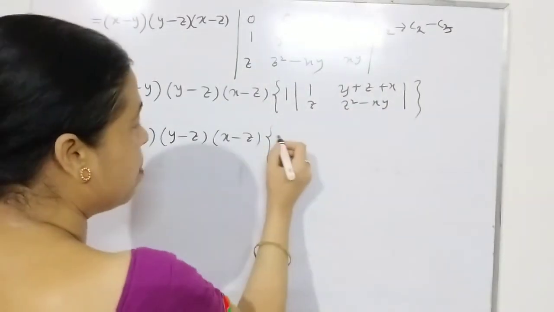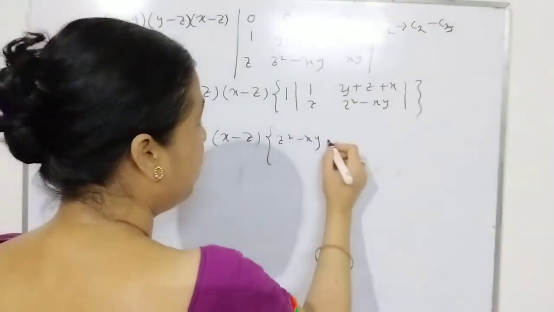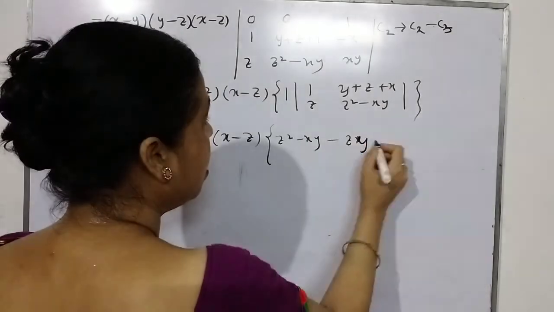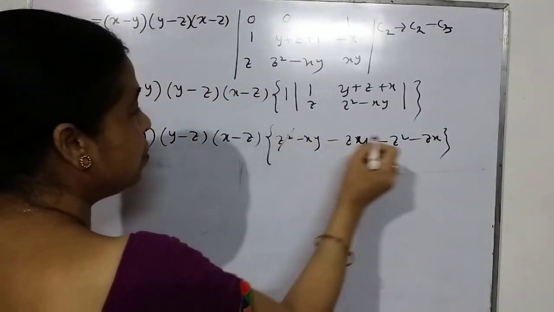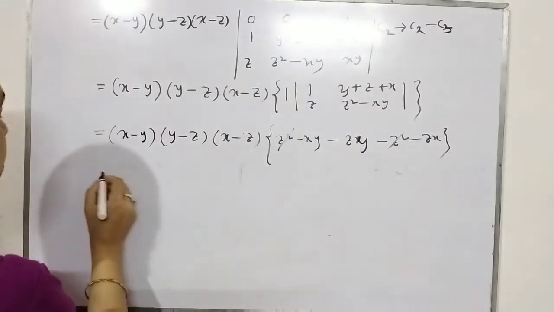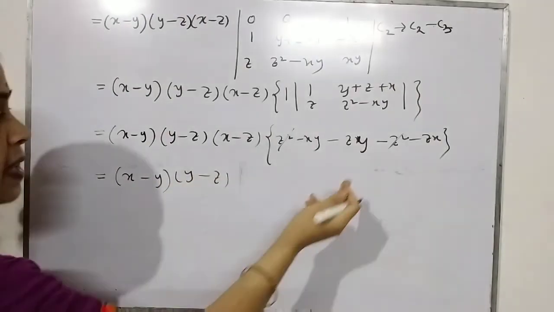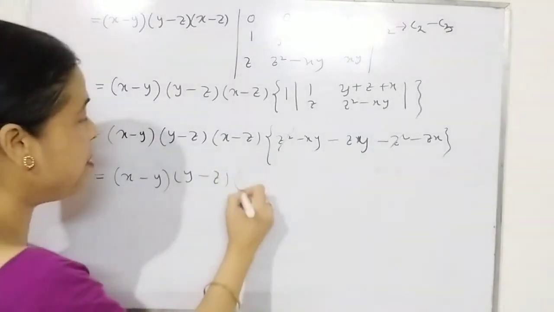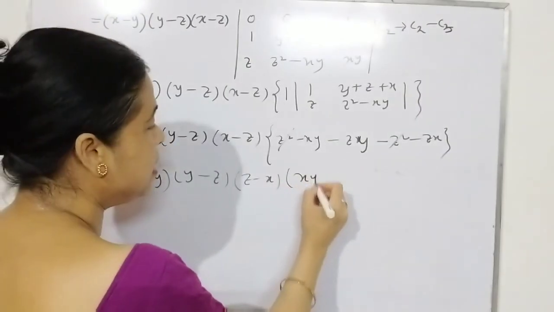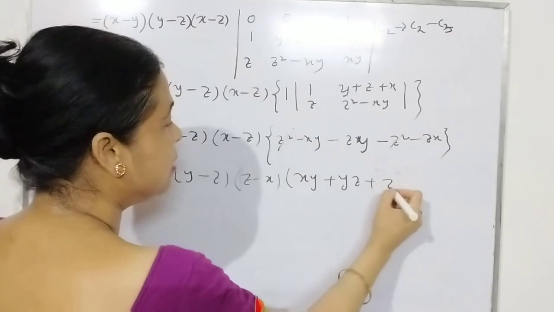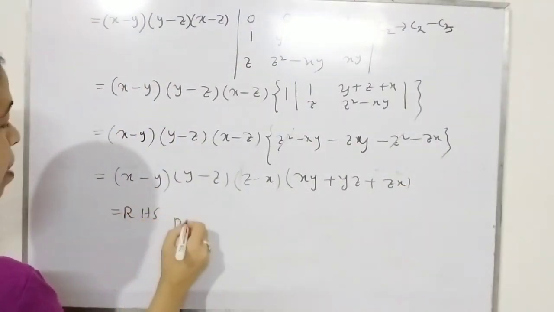Expansion will give you 1 into z square minus xy, so z square minus xy. Minus, listen to this, will give you minus zy minus z square minus zx. Minus zy, and this is cancelled out. Minus sign, if you take common, x minus y, y minus z, minus sign taking common, I adjust with this. It can be written as z minus x. See it properly. And here what is left? X plus y plus z, yz, which is your right hand side.